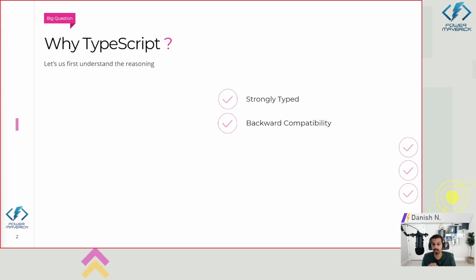It's just that there's a file called tsconfig, which we're going to look into today. That file has an attribute called target. That target is what defines which target it should get compiled to. Should it support the latest JavaScript functions, or should it support some older JavaScript functions as well?